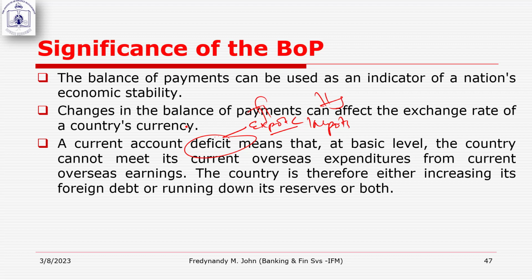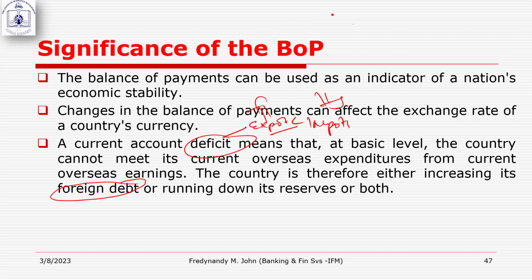That's the reason we say the country is therefore either increasing its foreign debt or running down its reserve, or both. Why? Because if you do not have funds to finance your imports, you run to make some international borrowing.